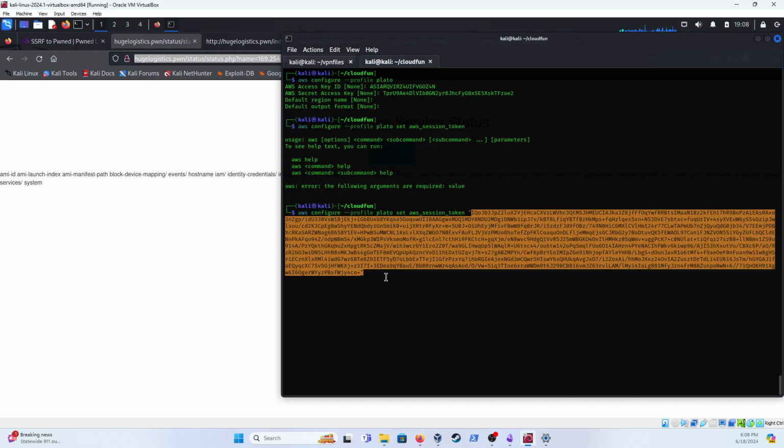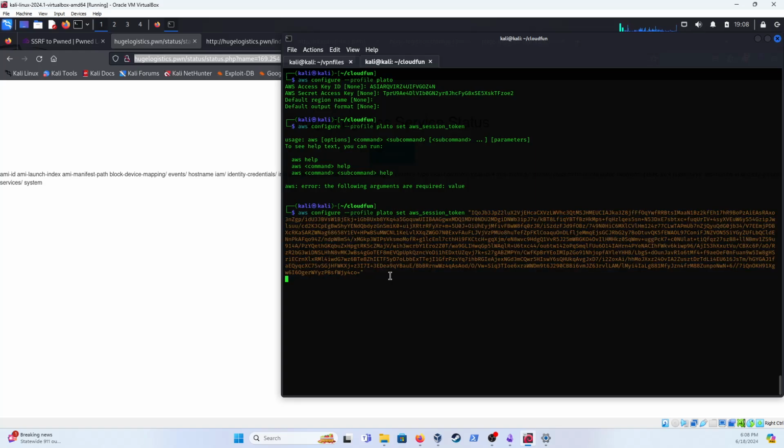Paste that, it's within quotes, and you can see it looks like it's just a base64 string here. Okay, great. So now we have this configured and the other information configured.